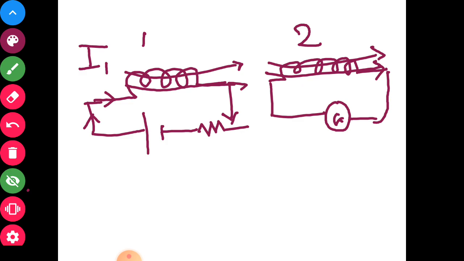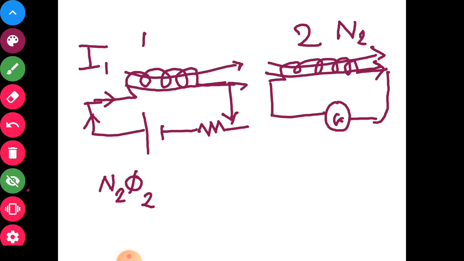So the total flux associated with the second coil is, say, phi 2. If there are N2 turns in this second coil, and phi 2 is the flux associated with one turn, then the total flux is N2 phi 2.